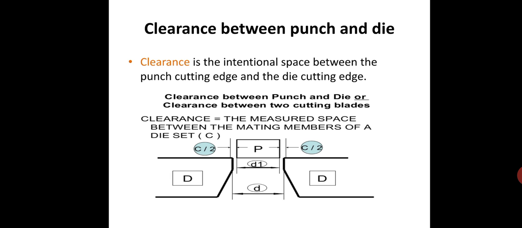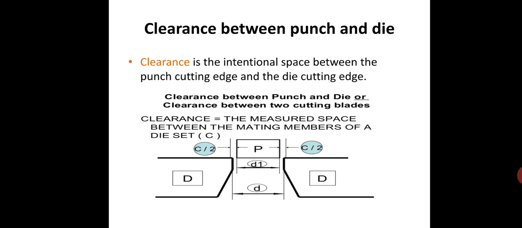And next one is the clearance between the punch and the die. What is clearance? Clearance is the intentional space between the punch and the die cutting edges. It is a gap or space between the punch and the die cutting edges. The diagram shows a D, capital D, is the die.